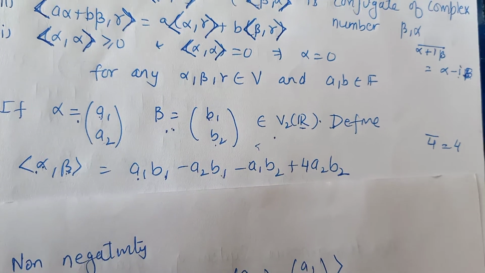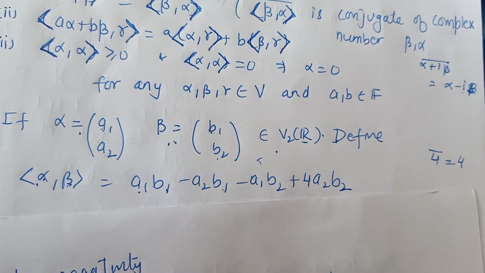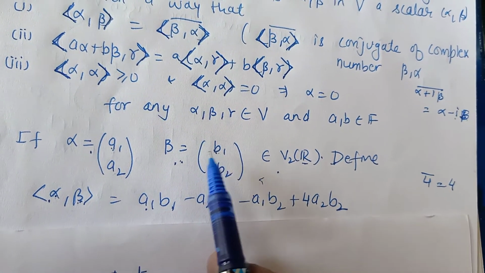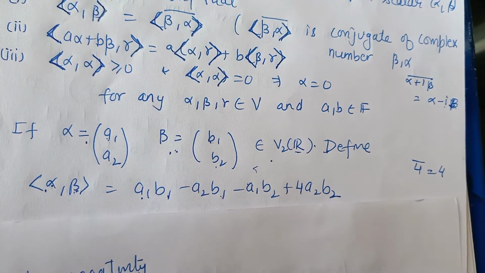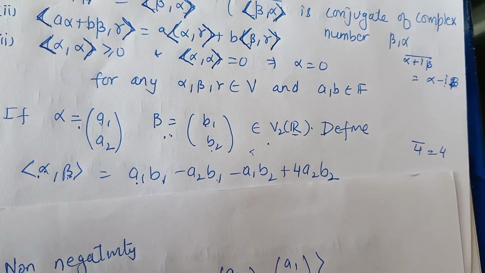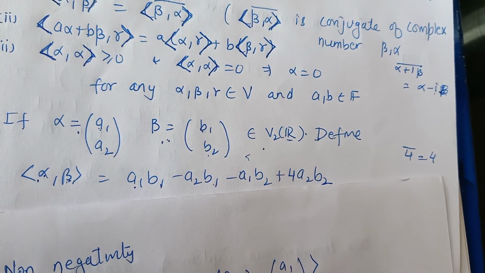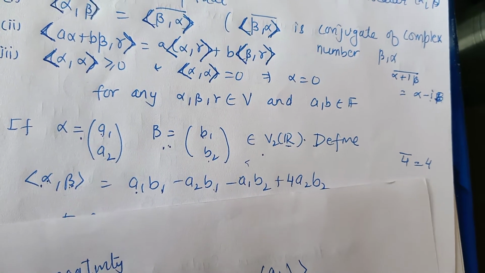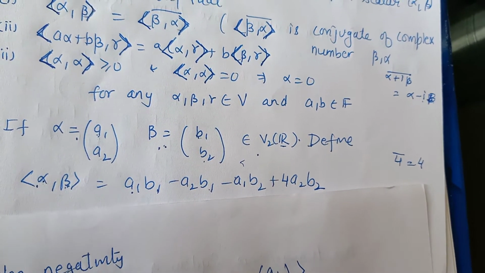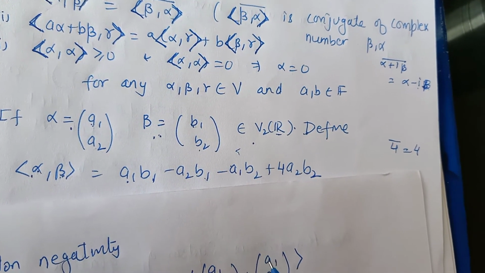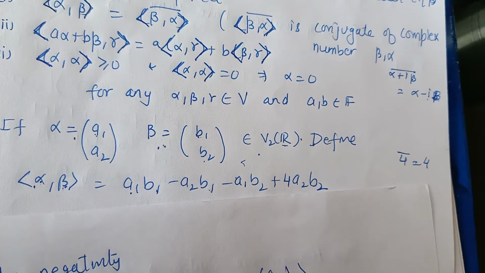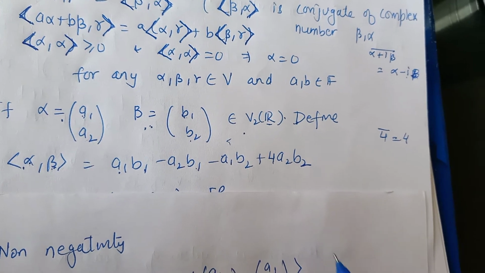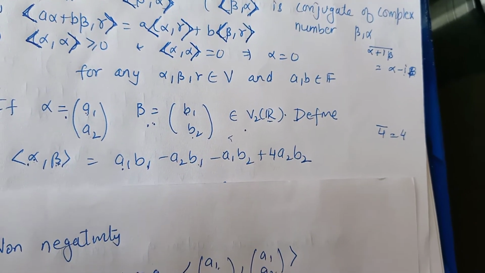It will become a1 b1. b1 was the first coordinate of the second vector. So this will be a1 a1 minus a2 b1, so a2 a1, minus next was a1 b2. So a1 b2 is now a2 only, plus 4 times a2 b2.